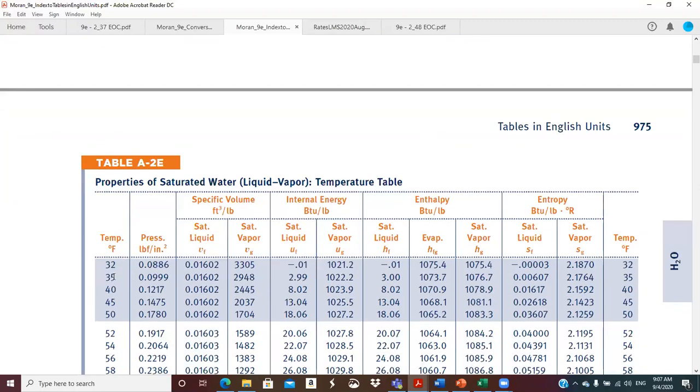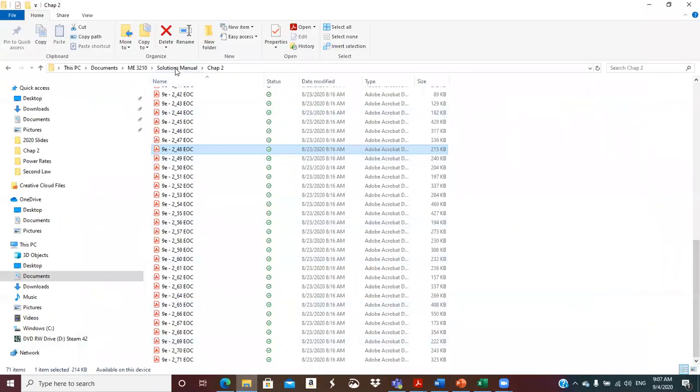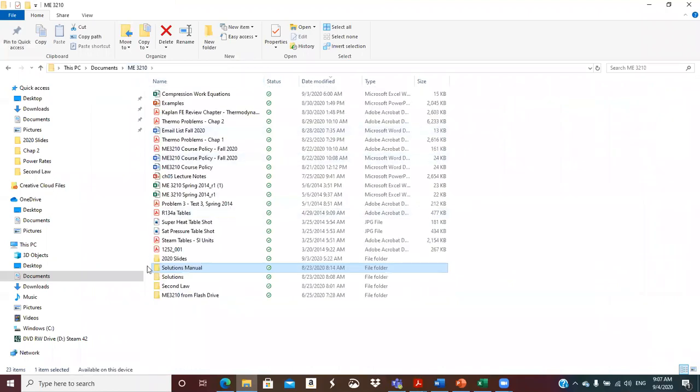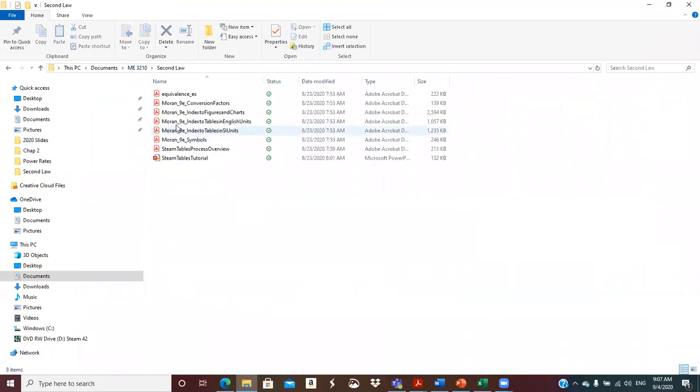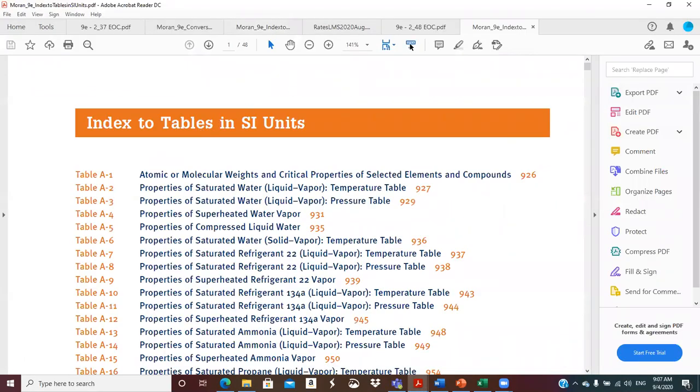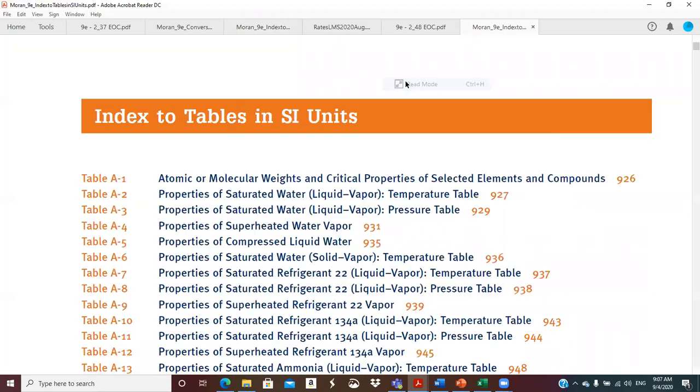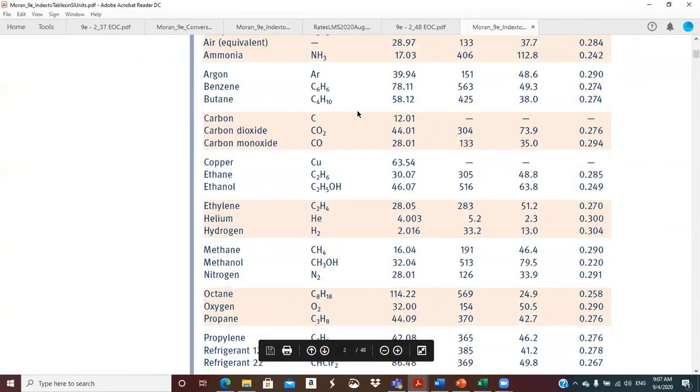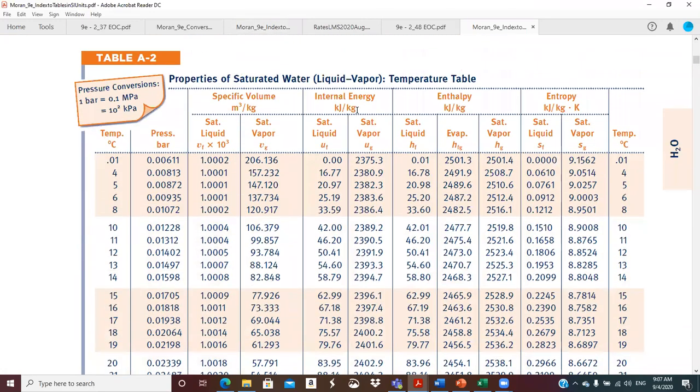I've got one that's keyed to temperature, and I should open the one for the metric as well. It's this one. This is the metric table, and it has the same thing: saturated water, liquid to vapor table, keyed off temperature.